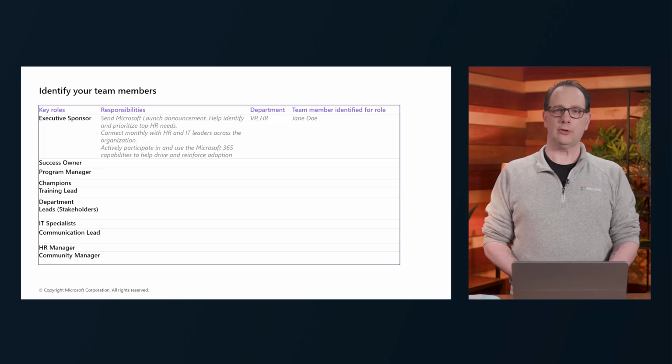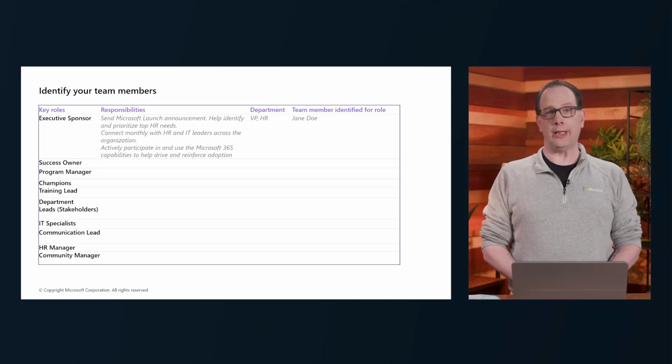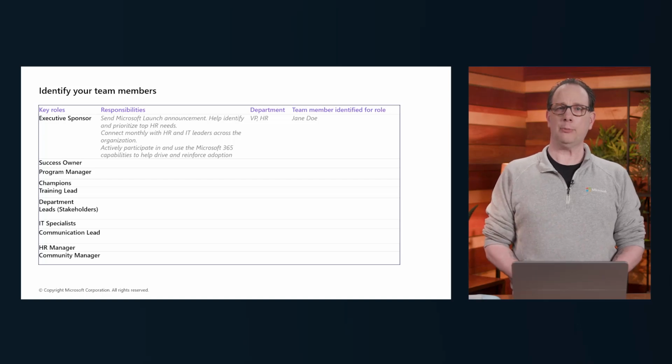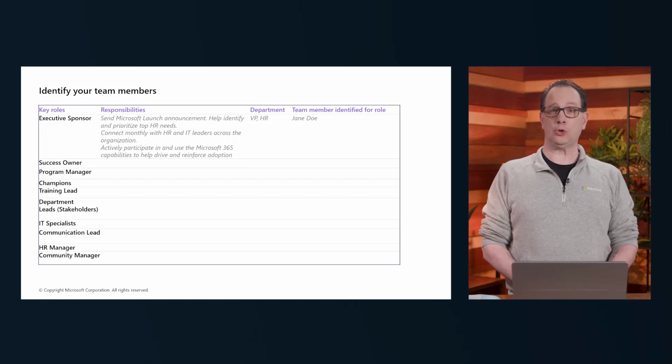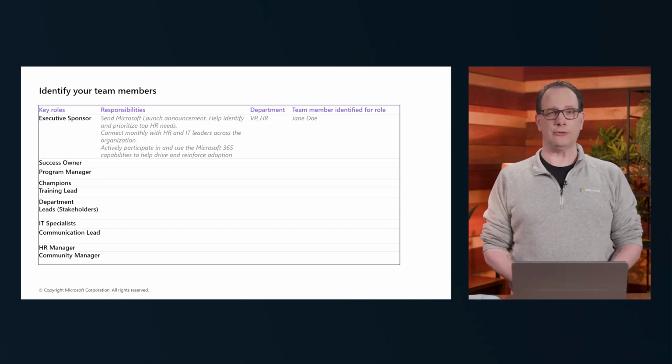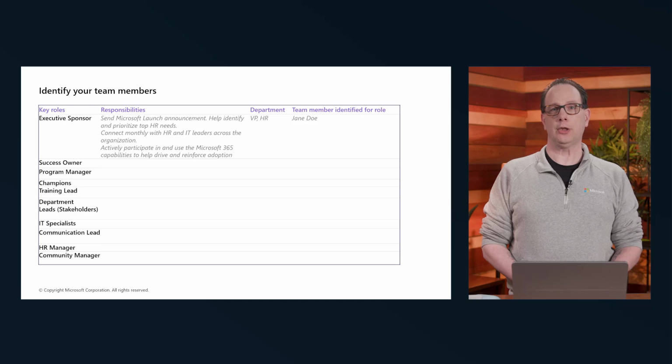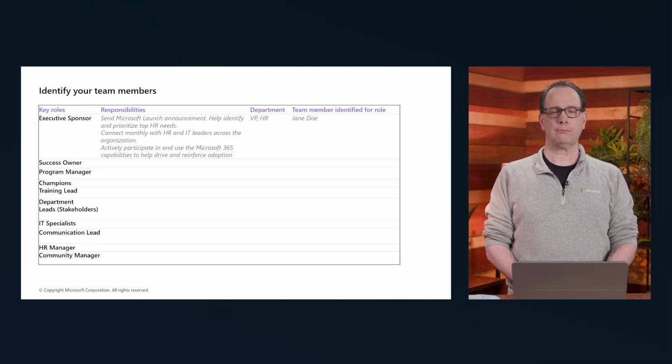Now, this diagram here is an example of what a user enablement team model could look like. Your model may appear different based on the existing structure and maybe complexity of your organization. But you can use this one as a guideline as you assemble and structure your user enablement team.